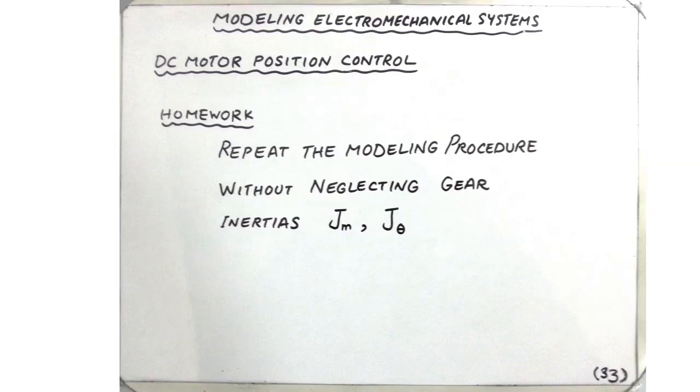Also, as part of your homework exercise, please repeat the same modeling procedure for the DC motor position control without neglecting the gear inertias and find the differential equation with non-zero Jm and J theta. So these are not going to be zero.